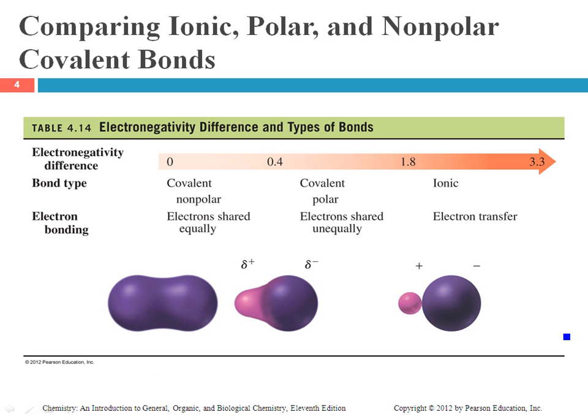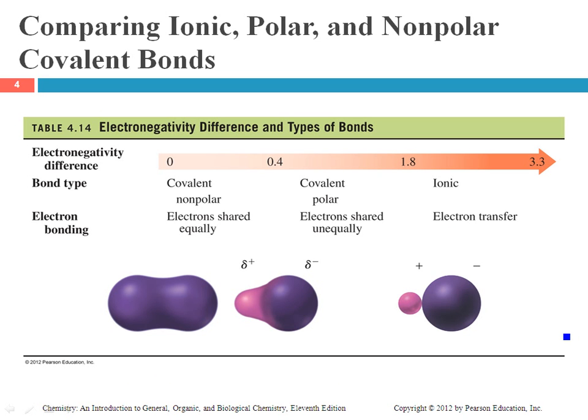So what does this tell us with respect to bonds? We've looked at ionic bonds between metals and nonmetals, and we've also talked about covalent bonds, and how covalent bonds share electrons.